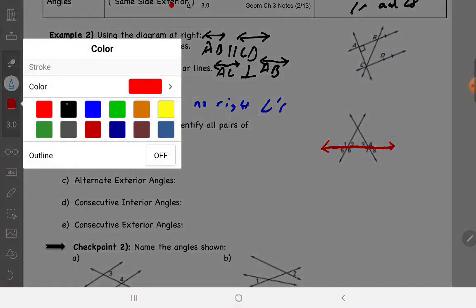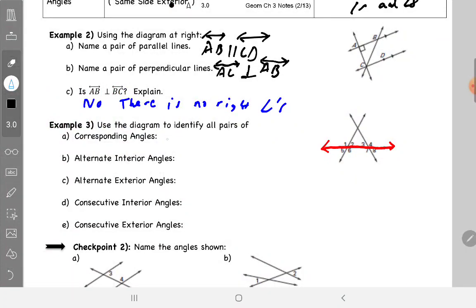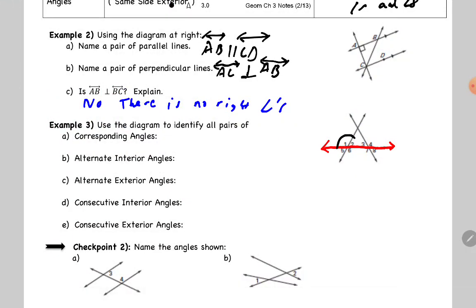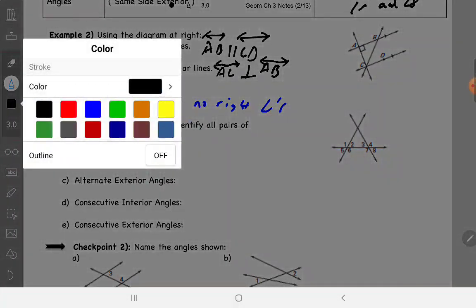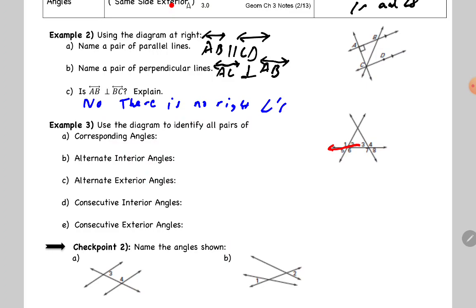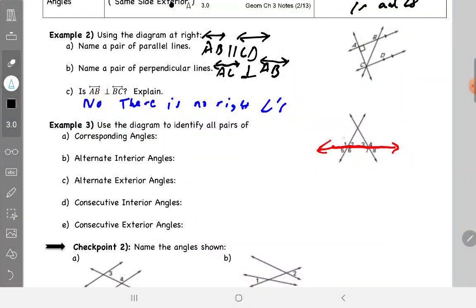Corresponding angles means same position. So I have two intersections. I have 1, 2, 5, and 6, and then I have the intersection 3, 4, 7, 8. So here we go again.